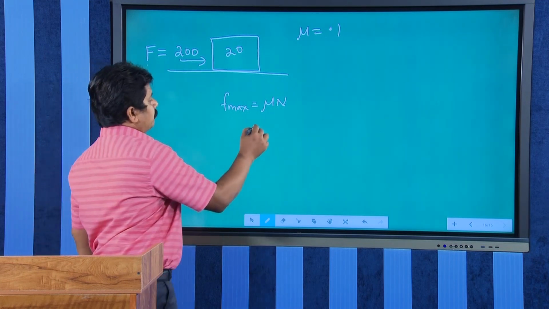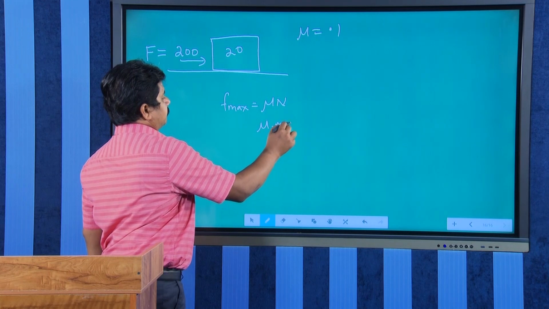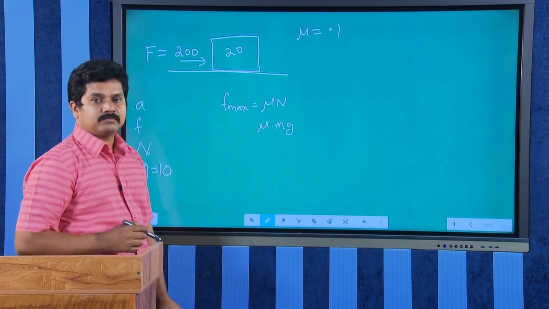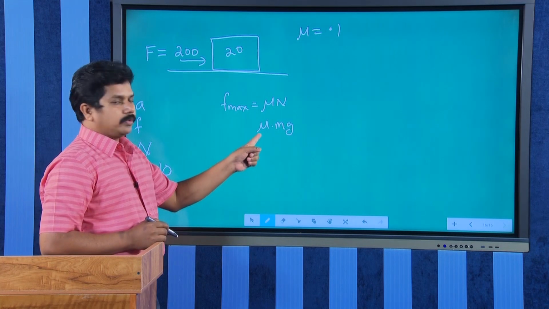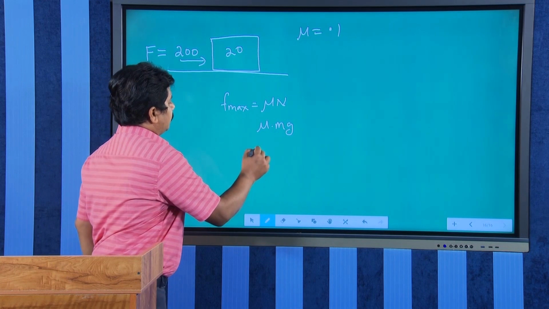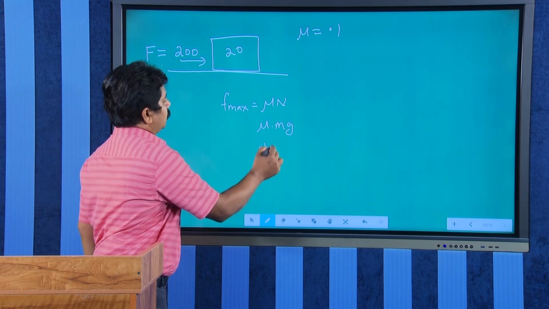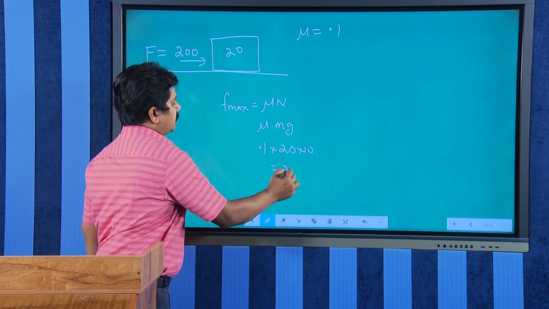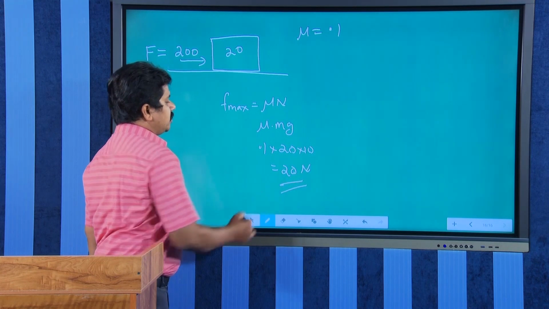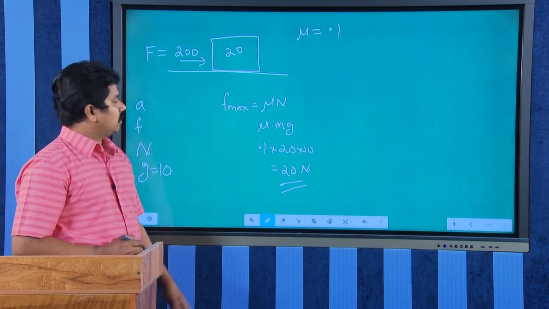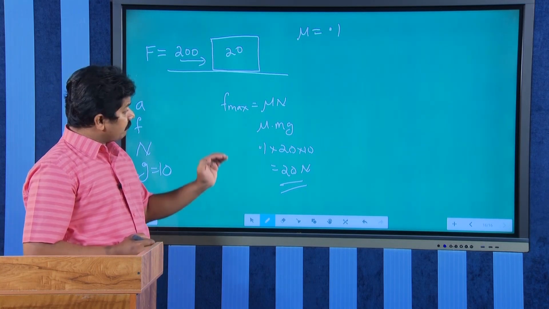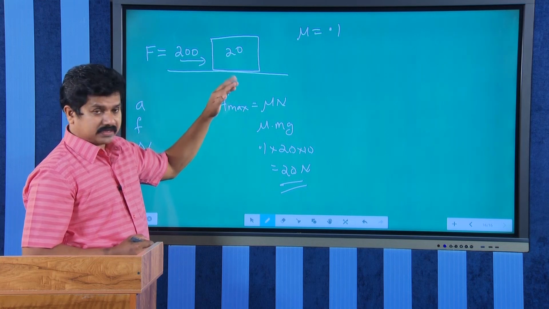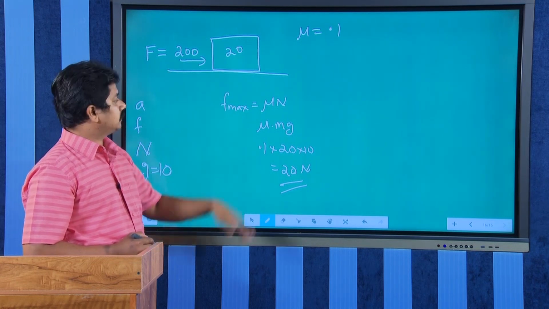So, mu m g, mu how much? 0.1, mass 20, g 10. So, we will get 20 Newton. This is the maximum friction that the surface can act on the block.